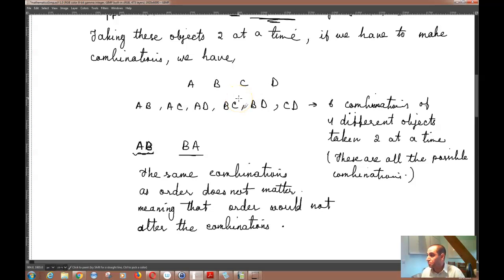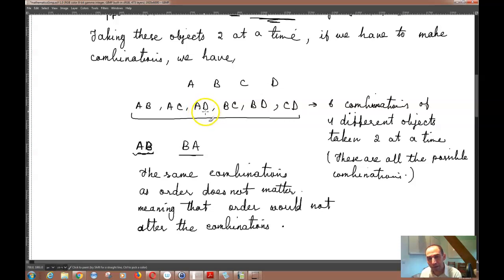Okay, so for the same reason, as you paid attention to the process where we got these combinations, I chose not to write certain things over here, because I said that I have already written this, I have already written that, and so on and so forth, and we came up with only these 6 combinations.